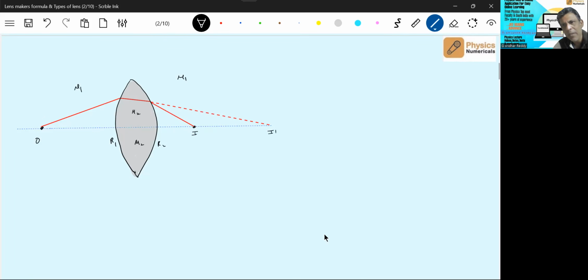So this will be some normal. This will be the normal for this, and this will be the normal for this one. This will be the center of curvature C1, C2.